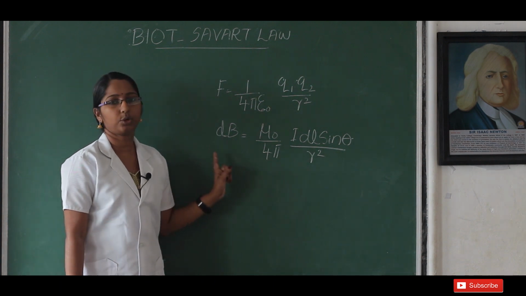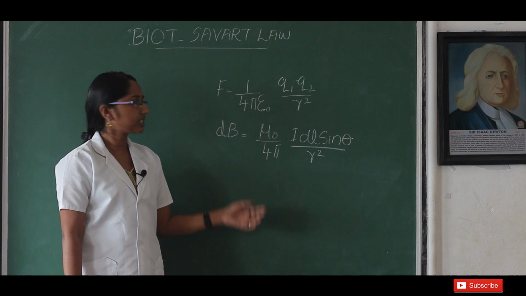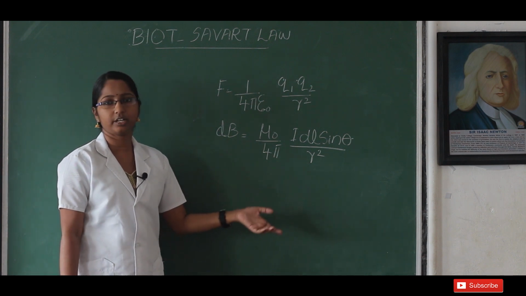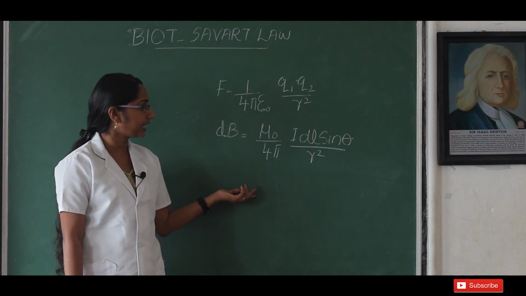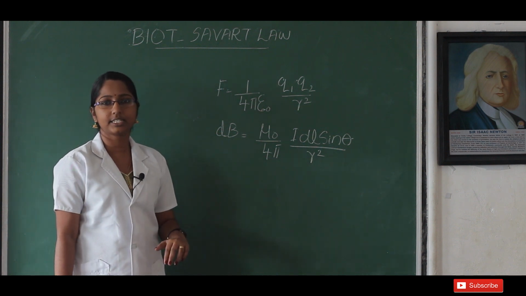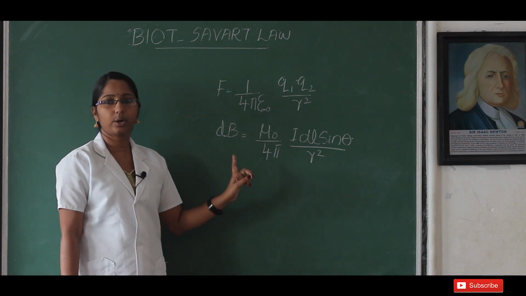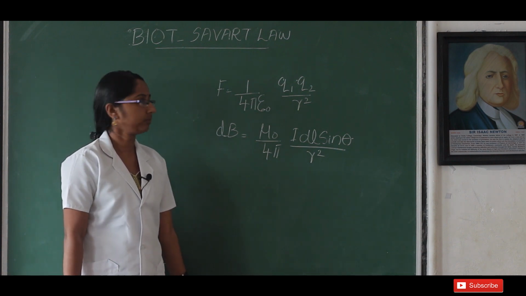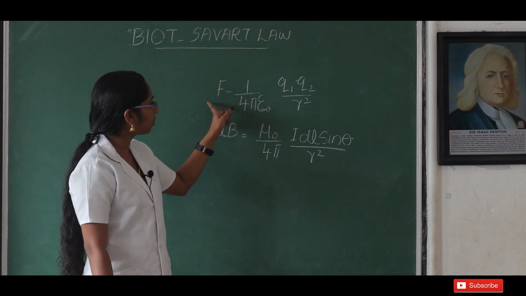And here we have to compare these two equations. This is one of the important questions for our exam. They are asked to write what are the similarities and what are the differences between this Coulomb's law and Biot-Savart law.